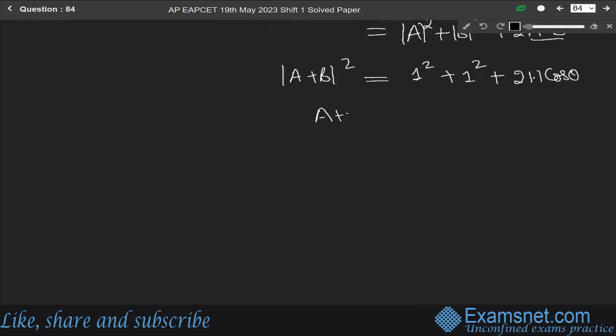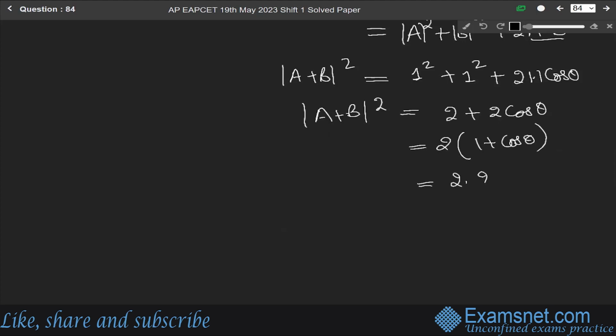So modulus of A plus B whole square equals 1 plus 1, which is 2, plus 2 cos theta, so it equals 2 times (1 plus cos theta). That equals 2 into 2 cos square theta by 2, since we use the property that 1 plus cos theta equals 2 cos square theta by 2.